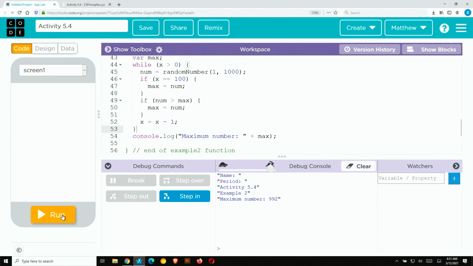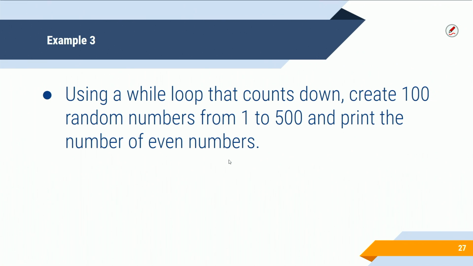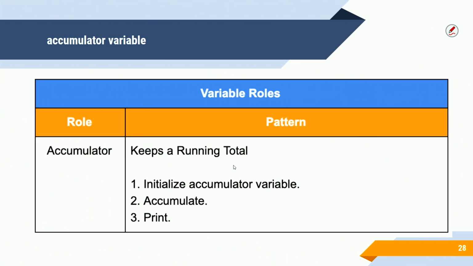All right, great. So let's go on to example 3 now. Using a while loop that counts down, we're going to create 100 random numbers from 1 to 500, and we want to print out the number of even numbers. If we're trying to keep track of the number of numbers, that's the accumulator pattern.